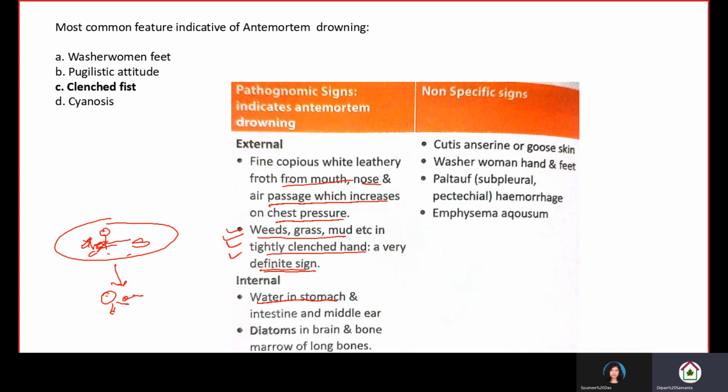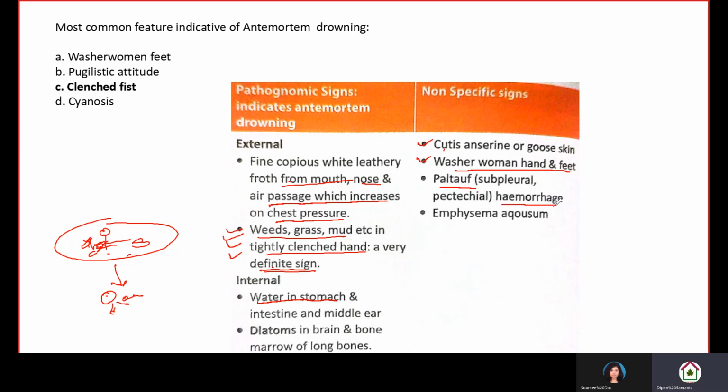Next, non-specific sign: cutis anserina or goose skin. Cutis anserina or goose skin is a non-specific sign. Washerwoman hand and feet.